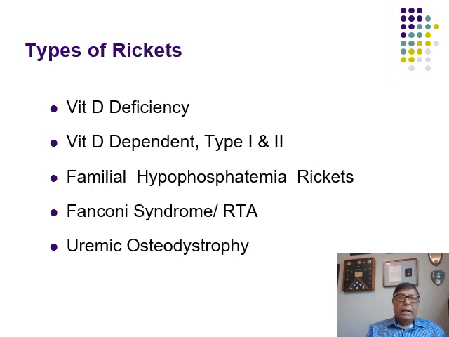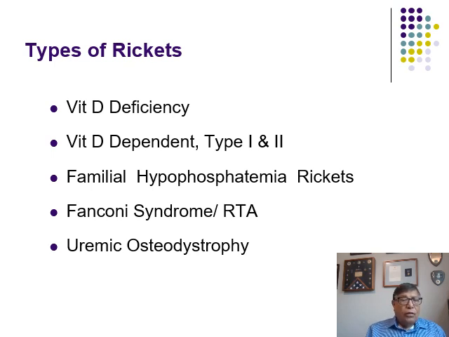There are two other kinds of rickets, which are very rare, but sometimes come in your examination. That's called vitamin D dependent rickets, which is kind of a misnomer. Vitamin D dependent rickets is again divided into two categories, type 1 and type 2, also known as VDDR type 1 and type 2.